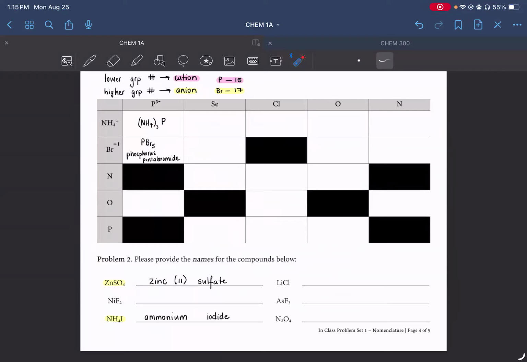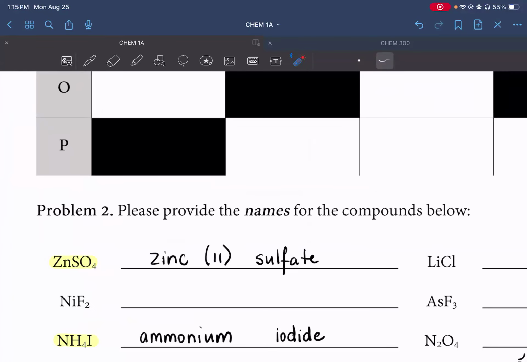Does anyone have any questions? I saw your hand first. Yes. Because Roman numerals are only required for transition metals. Was there another hand I think I just saw going up? Yes, Mohammed. What was yours? Sorry, what did you say?